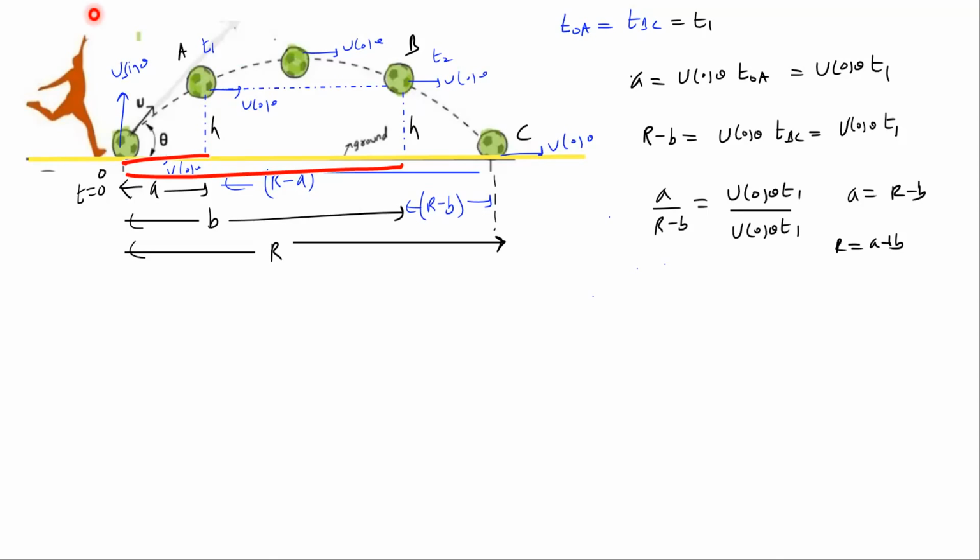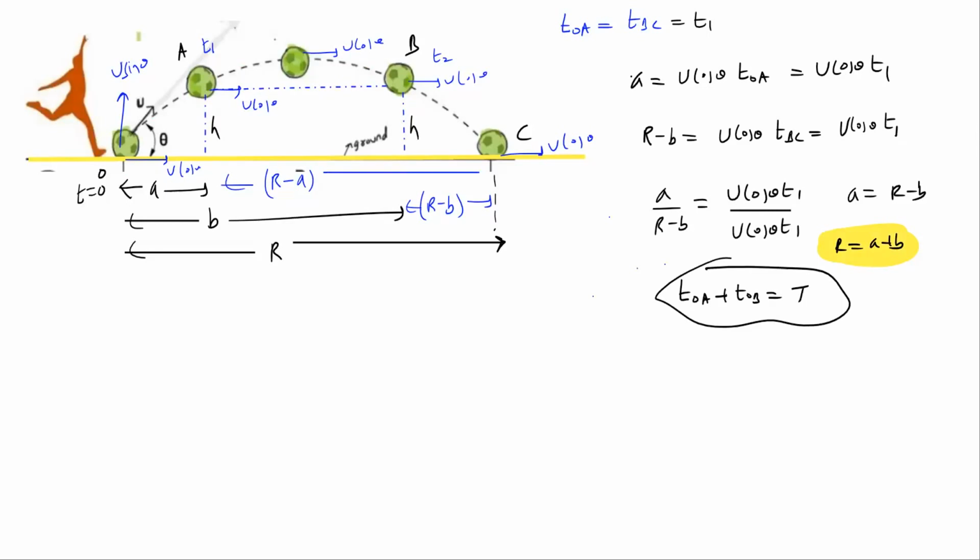Then similarly, the distance R minus B is U cos theta into TBC. TBC is equal to TOA, which is equal to T1. So this will be A. From these two equations, what can we write? A equal to R minus B, or R equal to A plus B.